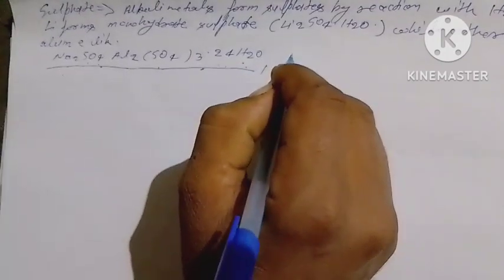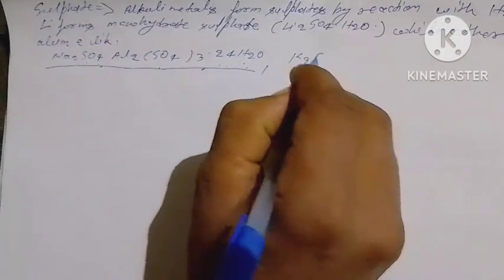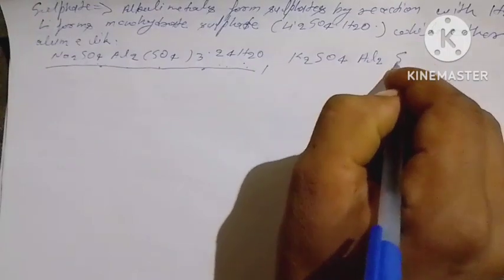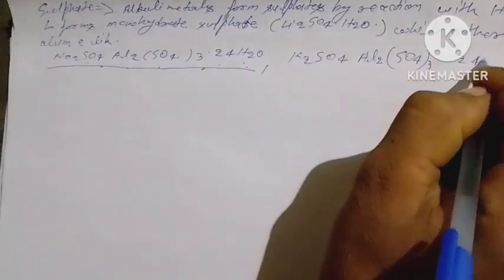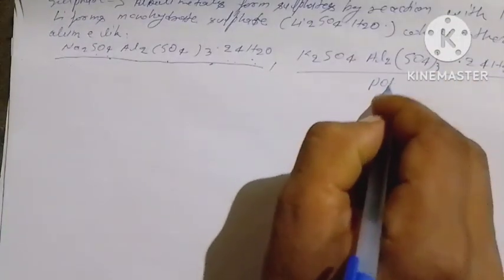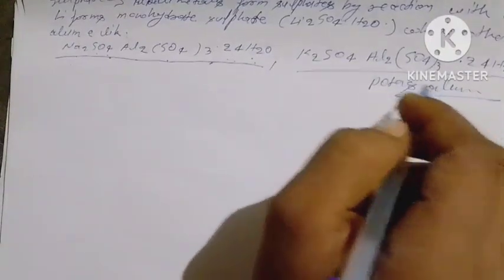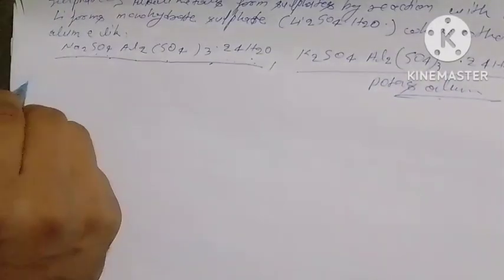The formula of potash alum, the fitkari formula, is K2SO4, Al2(SO4)3 and 24H2O. This is potash alum.